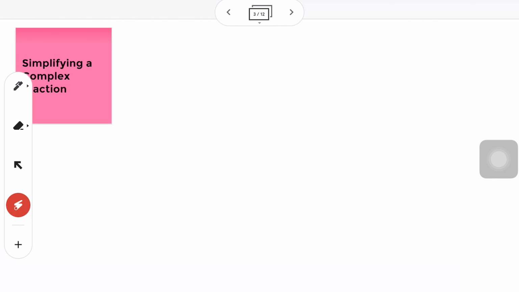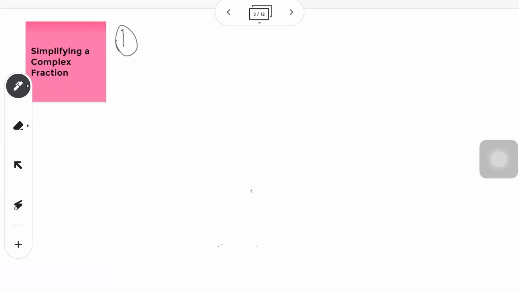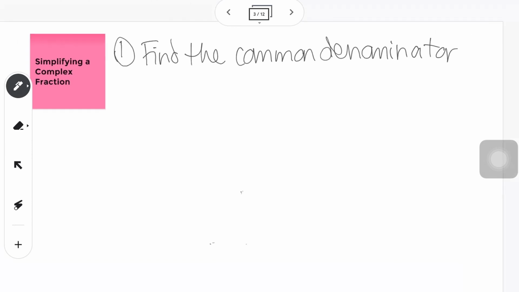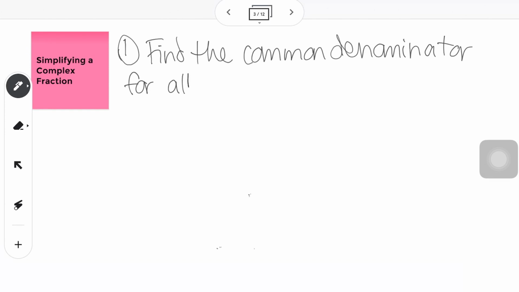So the first thing I'm going to do is give you some steps for simplifying a complex fraction. And then we're going to work through these on multiple different problems to make sure that you have an idea of what's going on. The first thing you're going to do when simplifying a complex fraction is find the common denominator for all your little fractions.